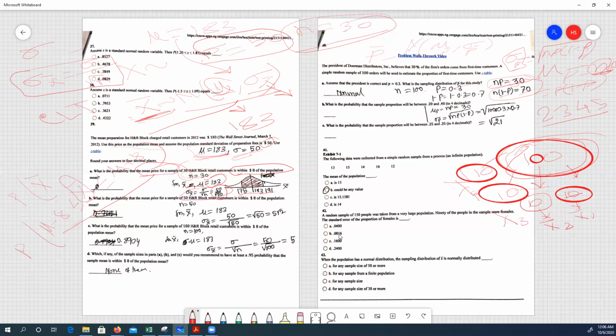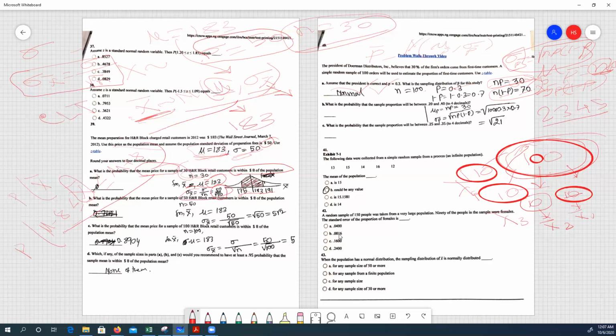So both of them are greater than 5. If both of these numbers are greater than 5, then the sampling distribution will follow a normal distribution with mean n times p and this standard deviation. So you can say this is a normal distribution.